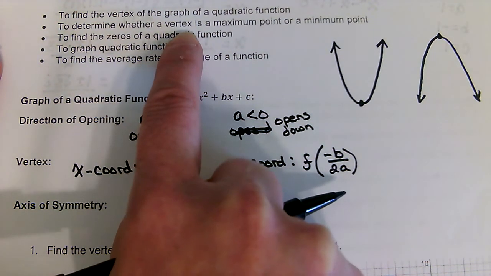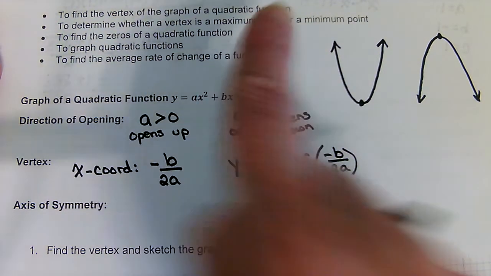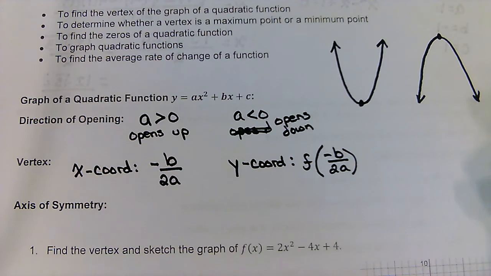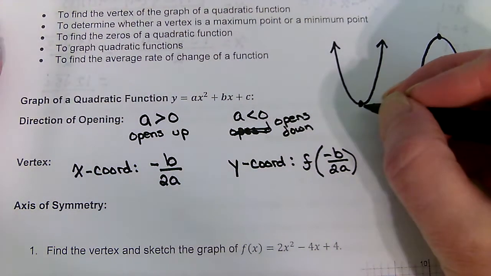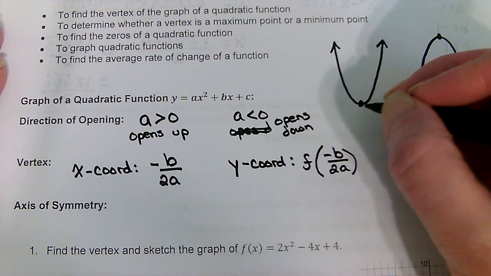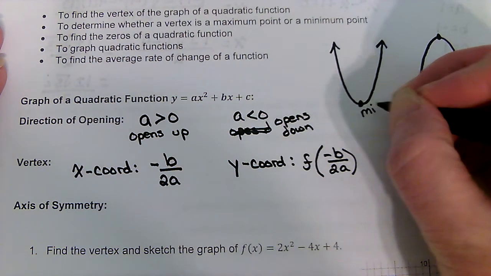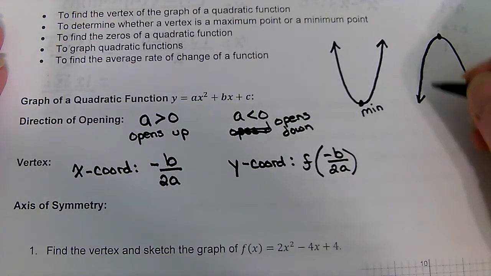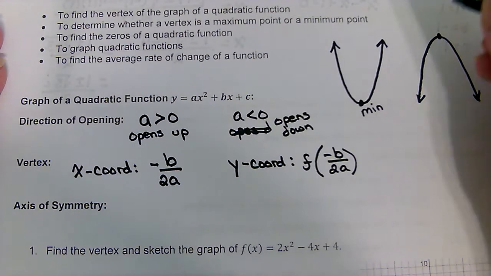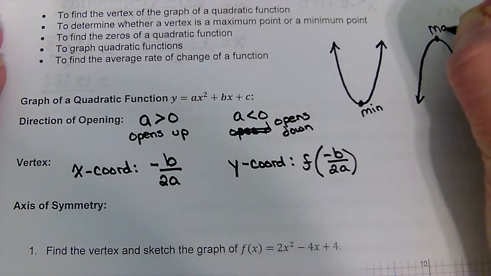We're going to determine whether that vertex is a maximum or a minimum. Well, let's think about this. If it's opening up, what would you call that vertex? Well, that's a min. It's at the bottom. And if we're opening down, my vertex would be a maximum.